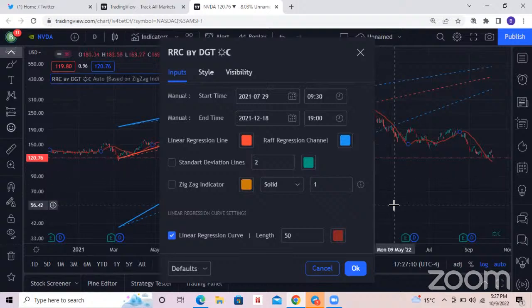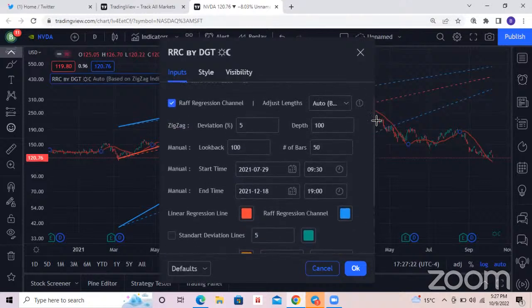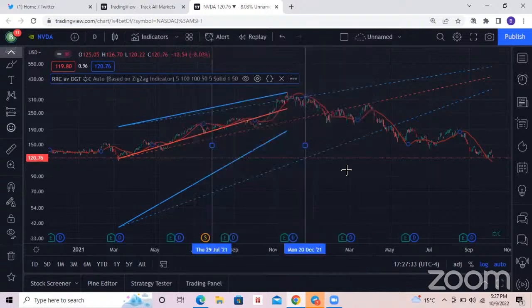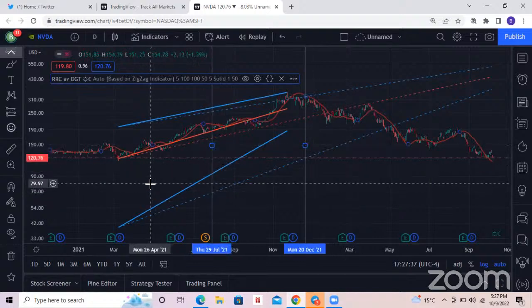Add more standard deviation lines, make it 5. Okay, and go to the top. Zigzag deviation to 0%. Click OK. Still giving the same thing.